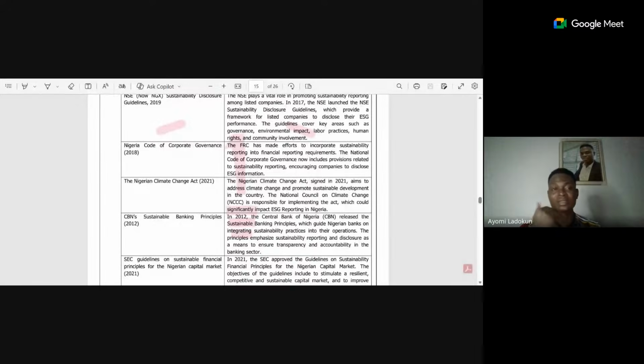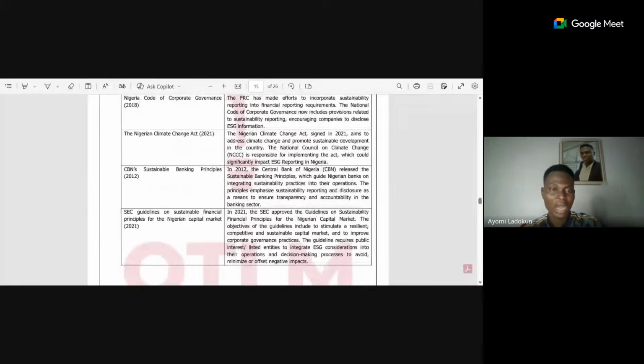So the banking sector, they want to finance sustainable investment. So when they want to finance projects, they want to see, are they sustainable investments, right? Are they aligning with sustainability efforts? So you already have it in the banking space or financial institutions, as it were, right? Then you have the SEC.